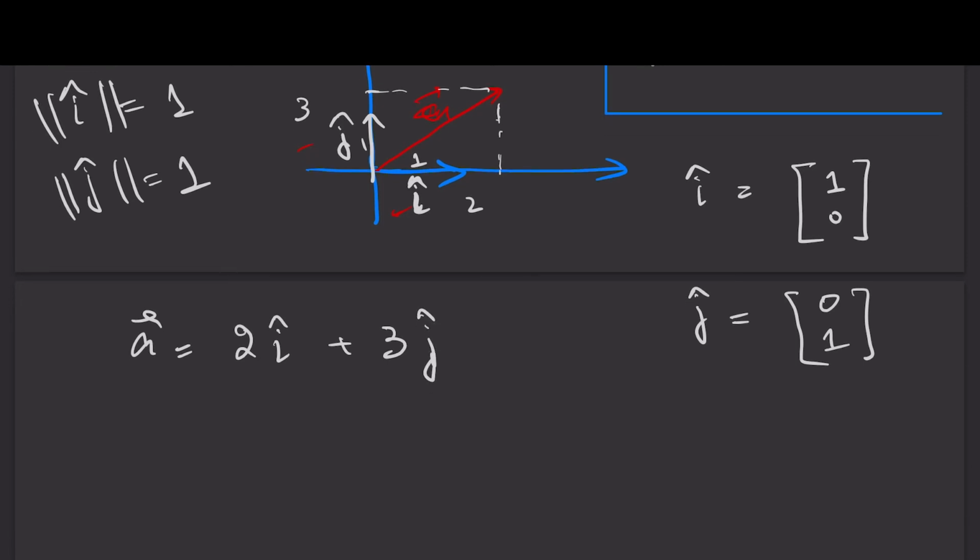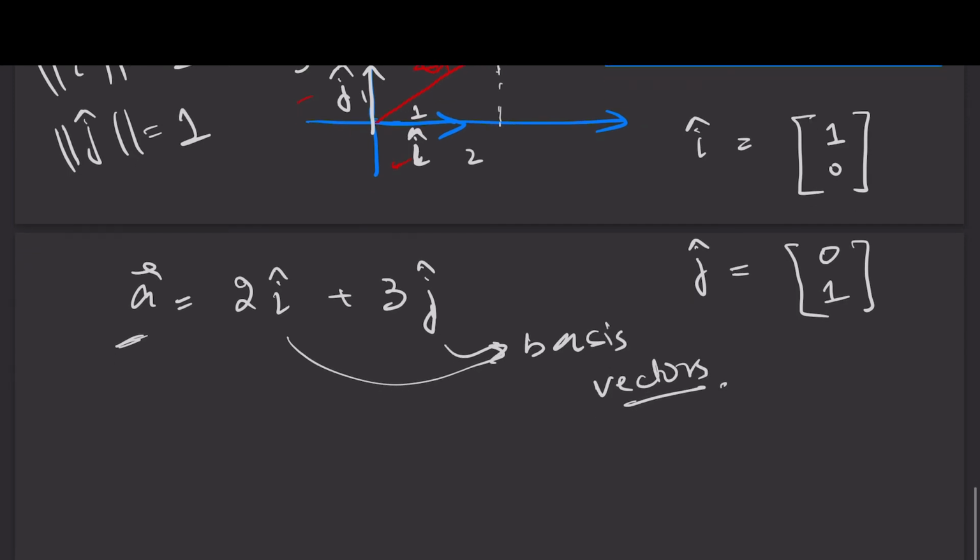So this vector can be written as a linear combination of I cap and j cap, and that's why these are called the basis vectors. I and j specifically are the standard basis unit vectors.